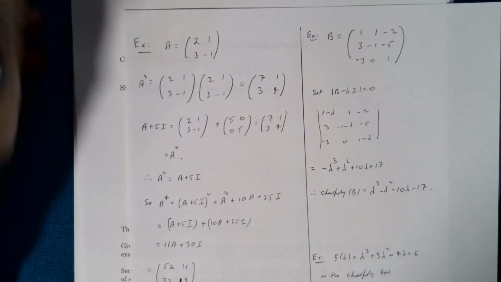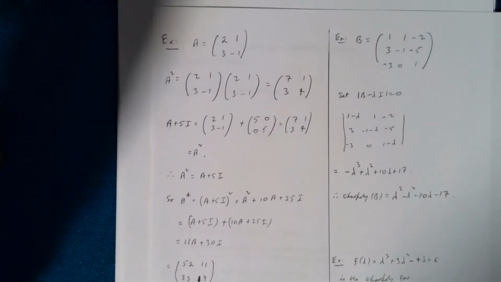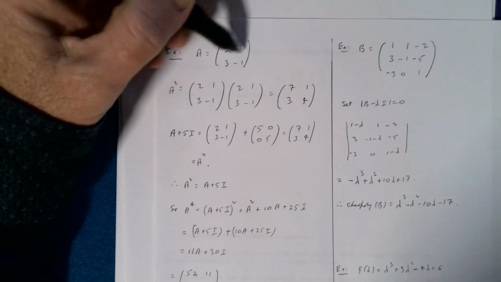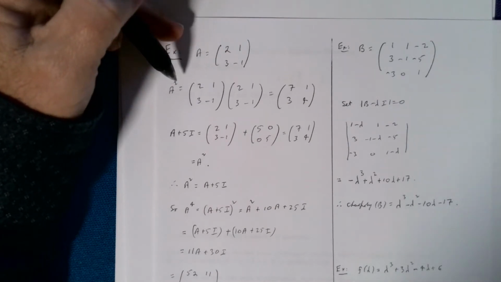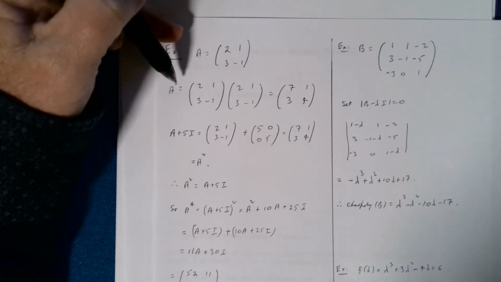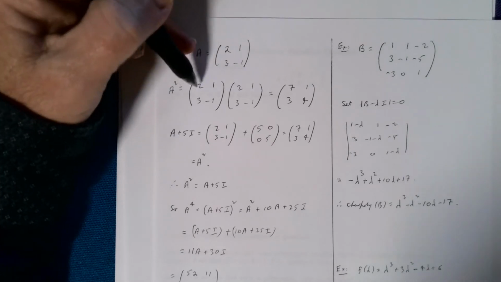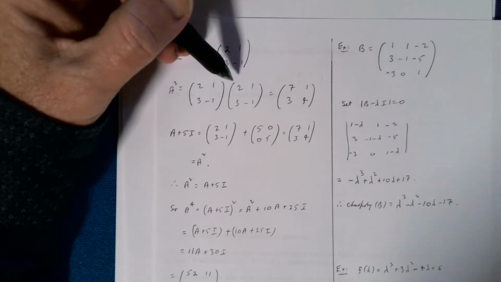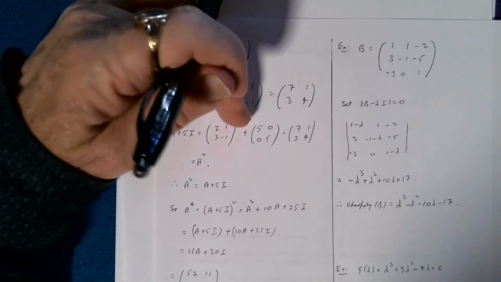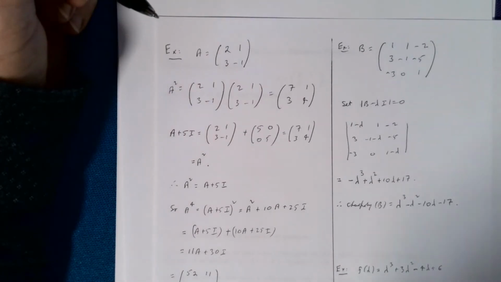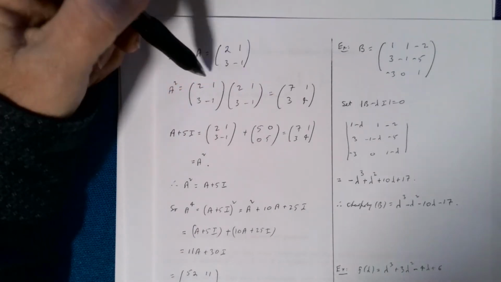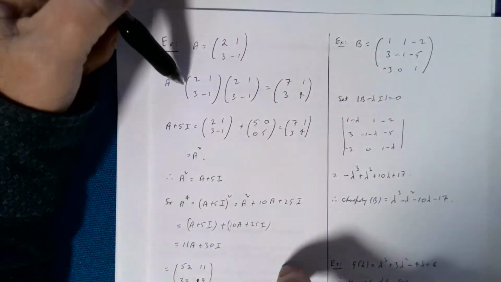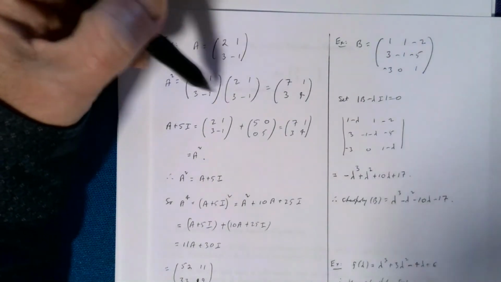So here's our matrix A, which is 2, 1, 3, minus 1, and I'm just going to check the identity we were given. So I'll work out A squared the long way, so you just have to multiply these out. You should be very familiar with matrix multiplication as to how to get these entries here. So we get 4 plus 3 is 7, 6 minus 3 is 3, and so on.